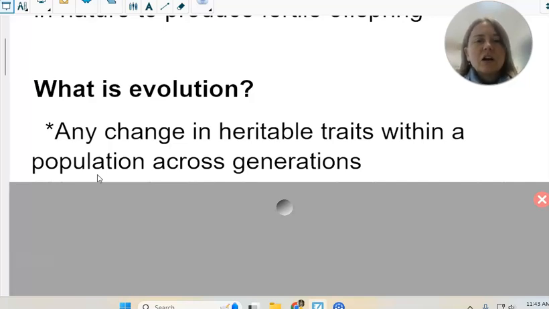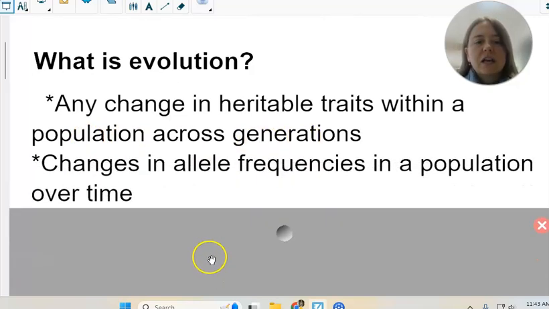That one frog isn't going to evolve and become darker, but there will be more darker frogs that survive and pass on their genes. So in the next generation, the population of frogs will have darker pigment in their skin. So it's the heritable traits changing in a population across generations or time.